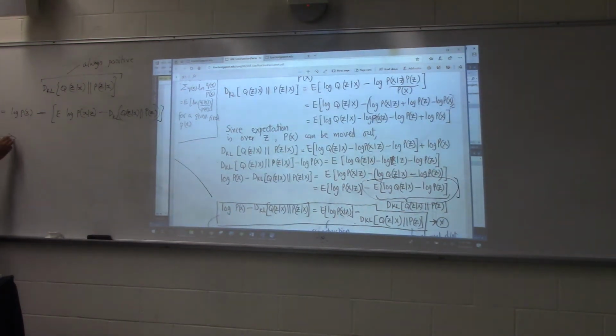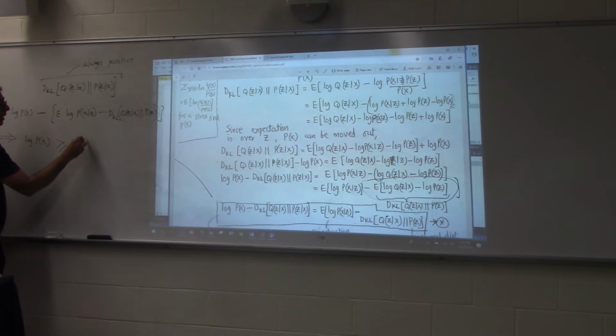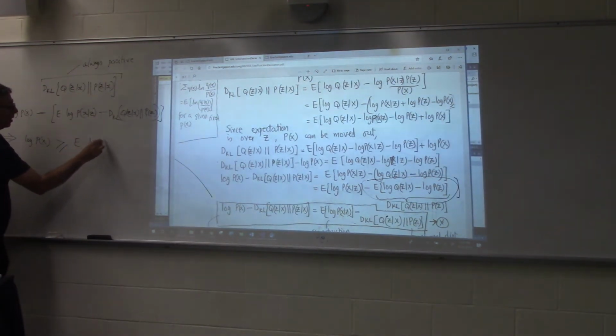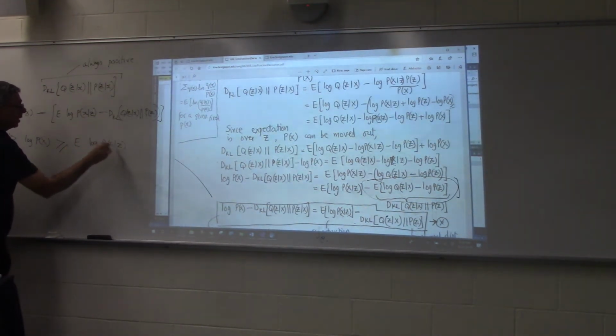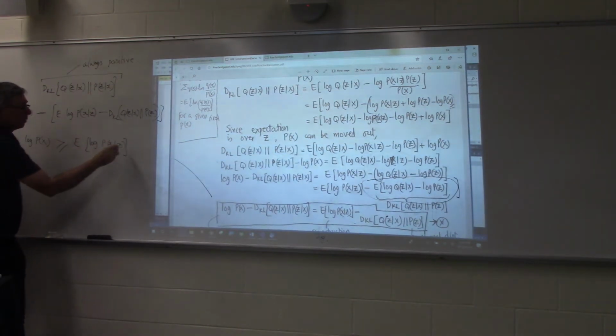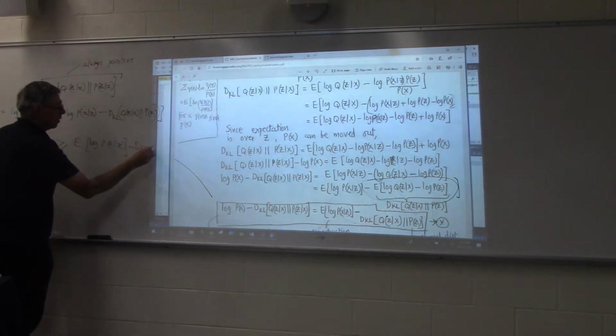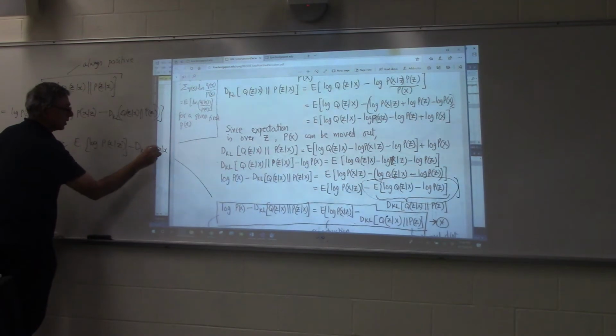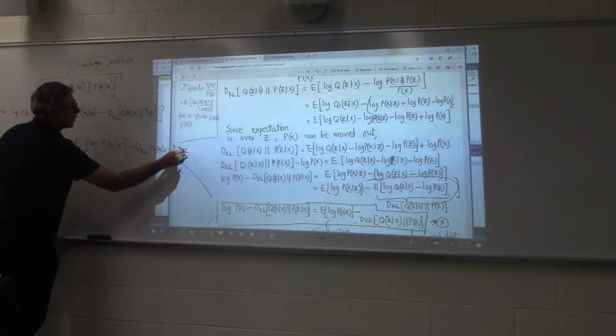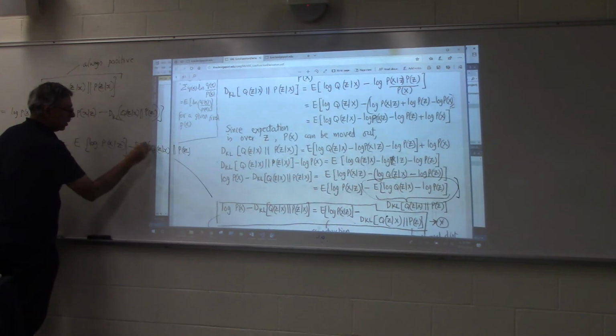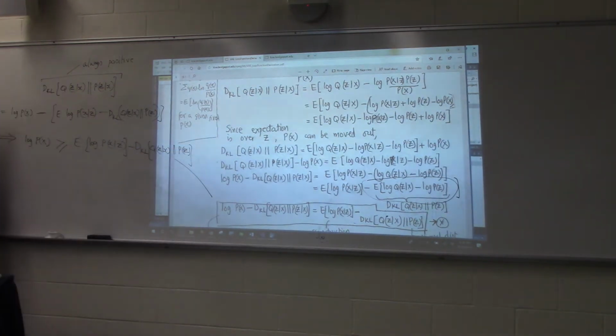So the implication of this is log of P(X) has to be greater than or equal to the expectation of log of P(X given Z) minus DKL of Q(Z given X) with P(Z). And why is that? Once again, because we know the left-hand side was this, which is positive, so this has to be greater than this.